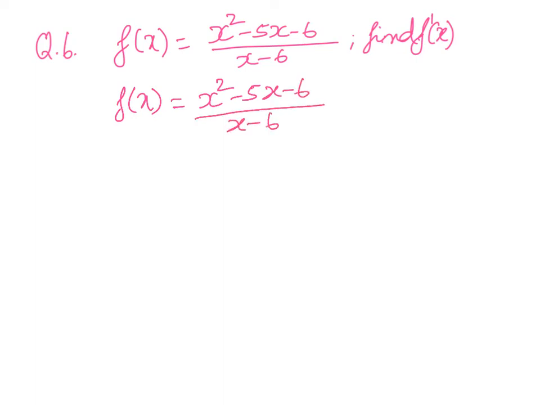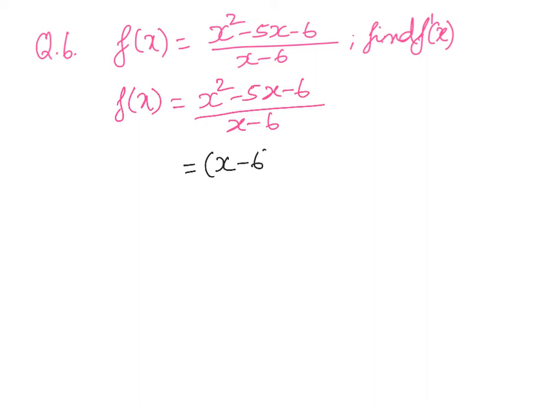Here, how I'm going to simplify is I'm going to factorize it. It is very important that you are very strong in algebra, in factorization here. So here x squared minus 5x minus 6. I take the factors of 6, negative 6 and positive 1 will give me a difference of negative 5.